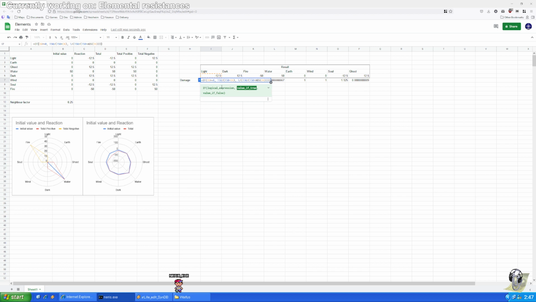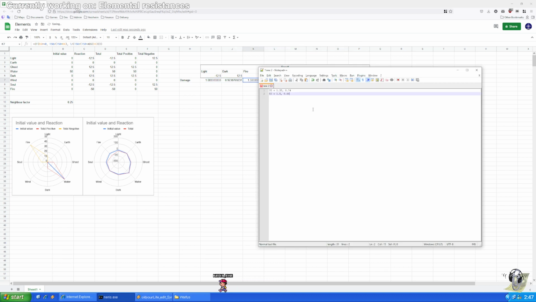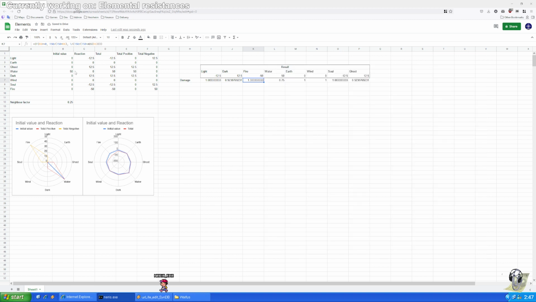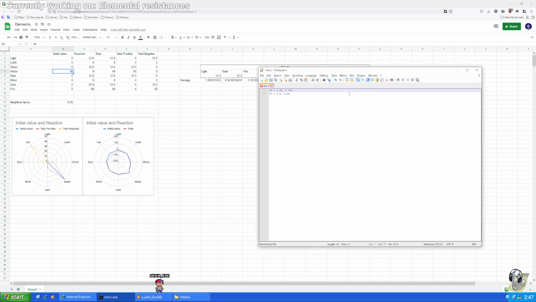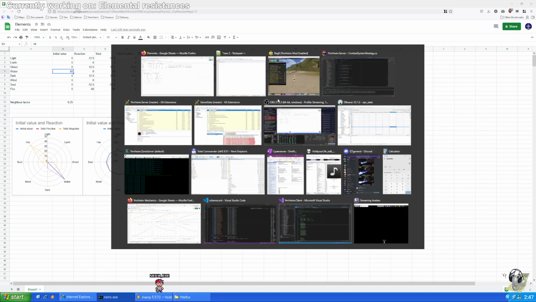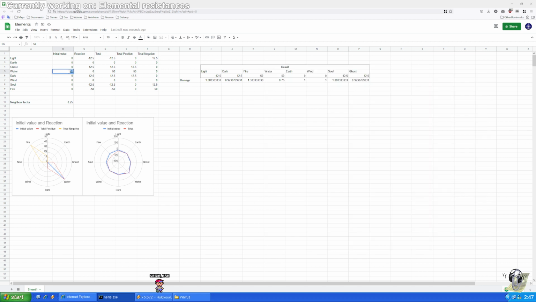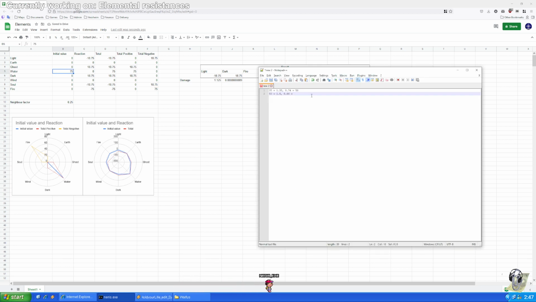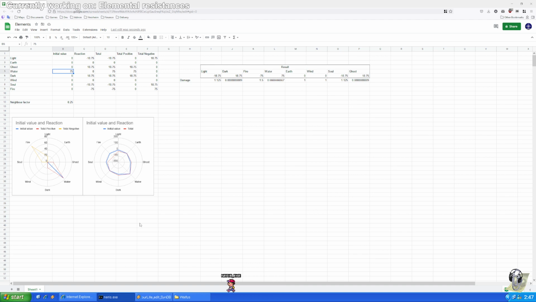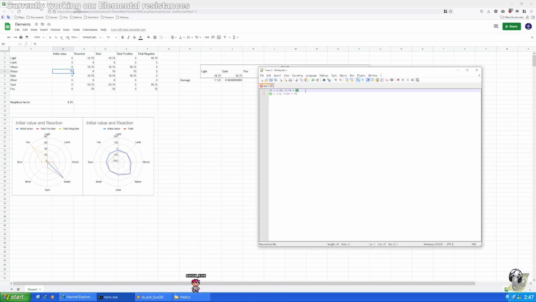Then if I put this formula, so it's gonna be 50. And this one I need to make 1.5. 1.5. 75. So 50 and 75. Yeah.